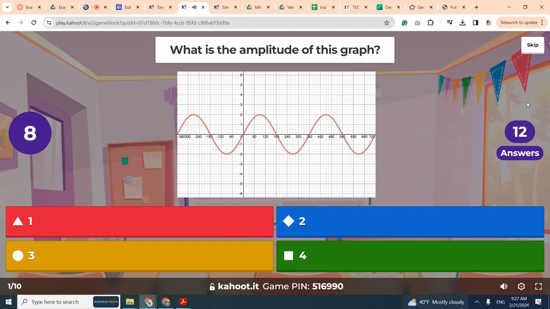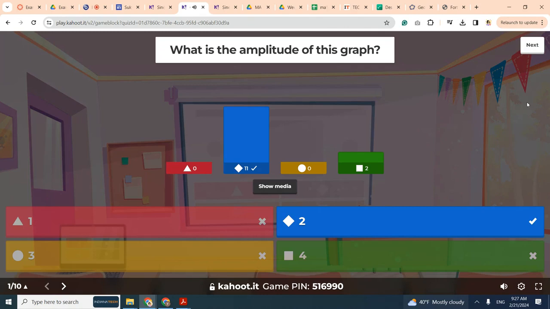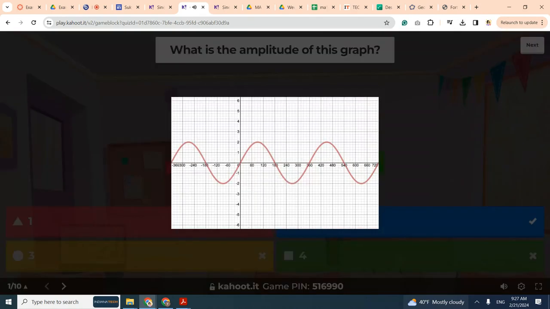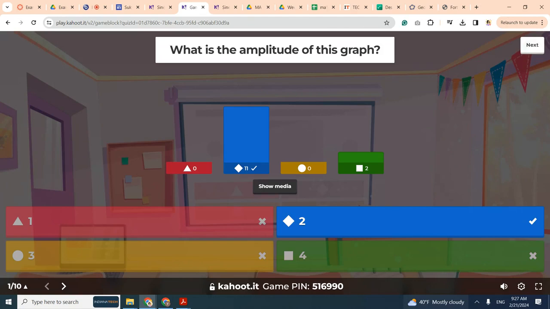Yeah, the amplitude is this. It's oscillating between -2 and 2. So the amplitude is 2. Okay, good.